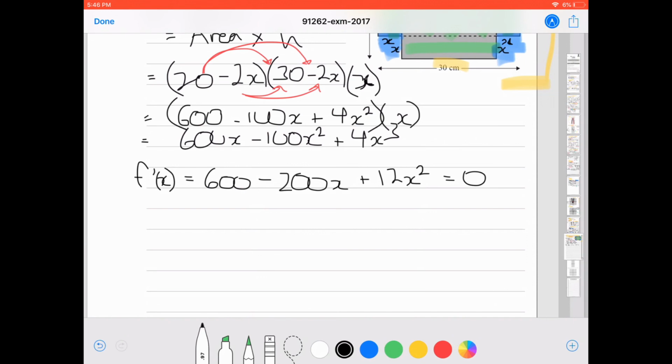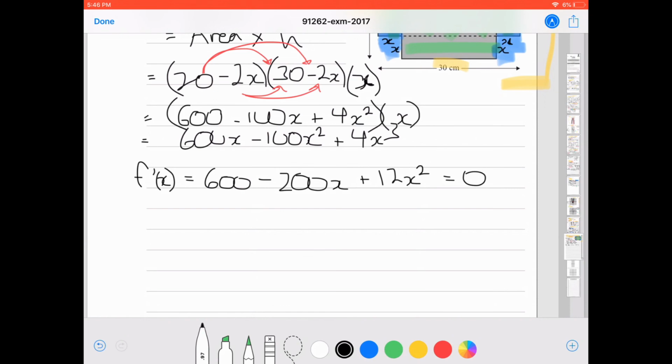Okay, we can solve for x here. We've got a quadratic. Don't bother trying to do it manually. Just use a calculator. So mode number 5 for equation, number 3 this time for quadratic. A value is not 600, but it's 12. B value minus 200. C value is 600.